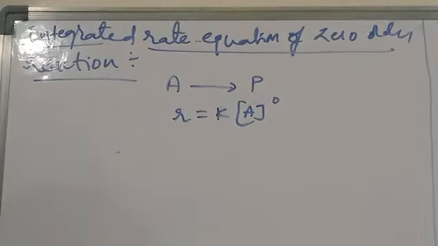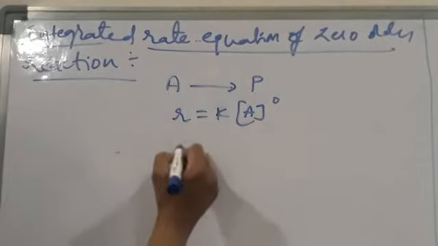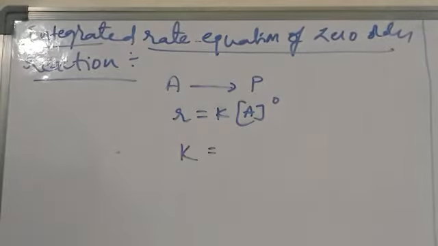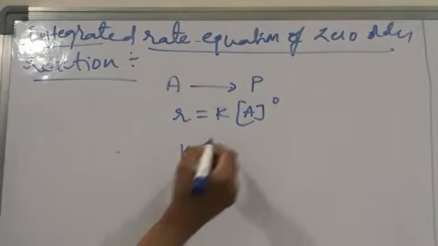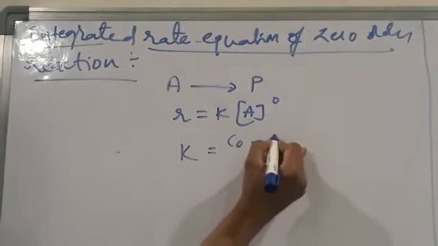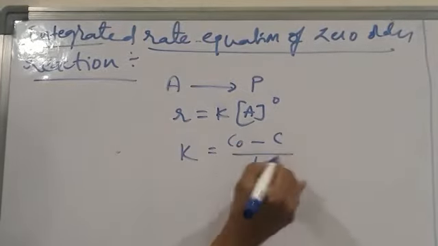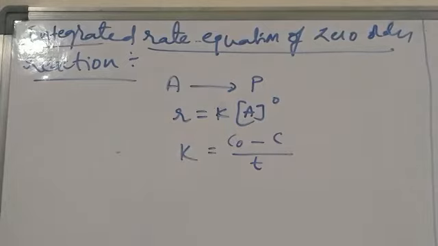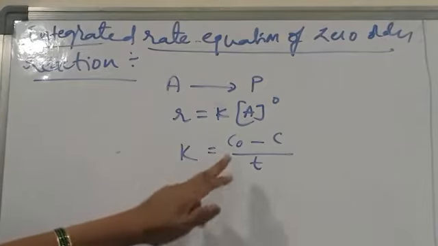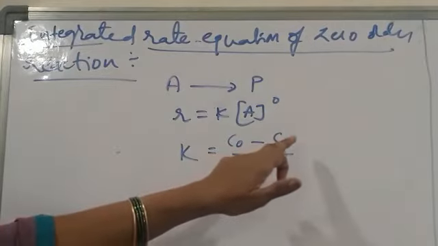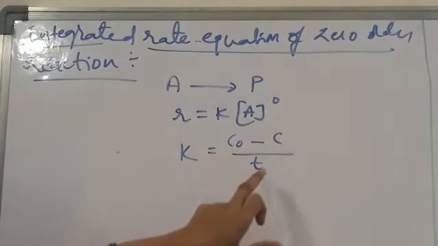after time t, we can write rate constant K as initial concentration minus final concentration by t. Okay. So, here initial concentration minus concentration at time t by t.